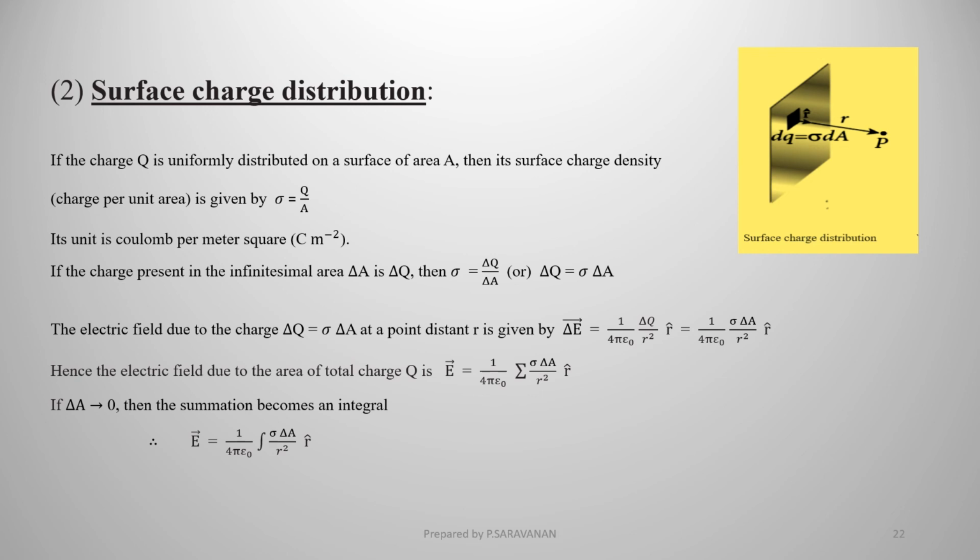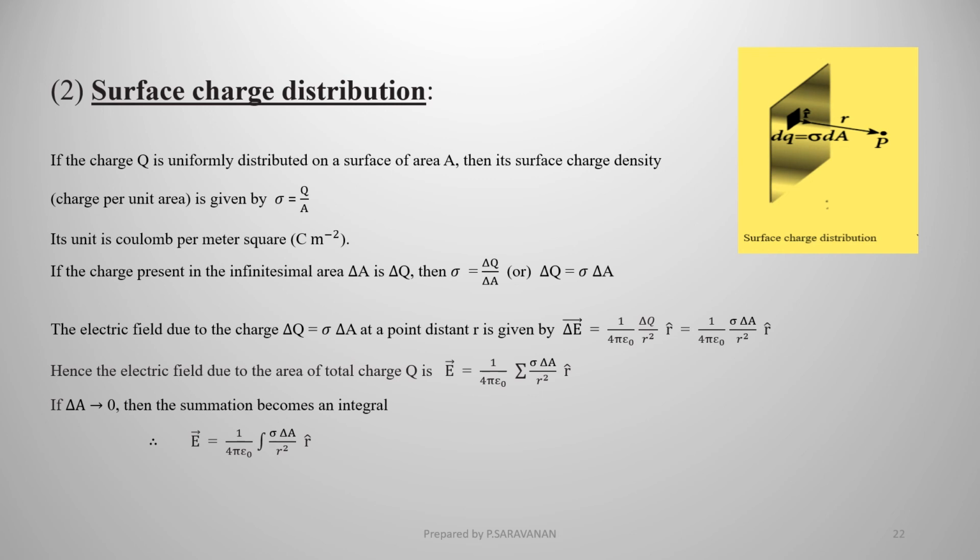If the charge Q is uniformly distributed on a surface of area A, then its surface charge density is defined as the charge per unit area, and it is given by the term sigma, and sigma equal to Q by A. Q is in coulomb and A is in meter square.